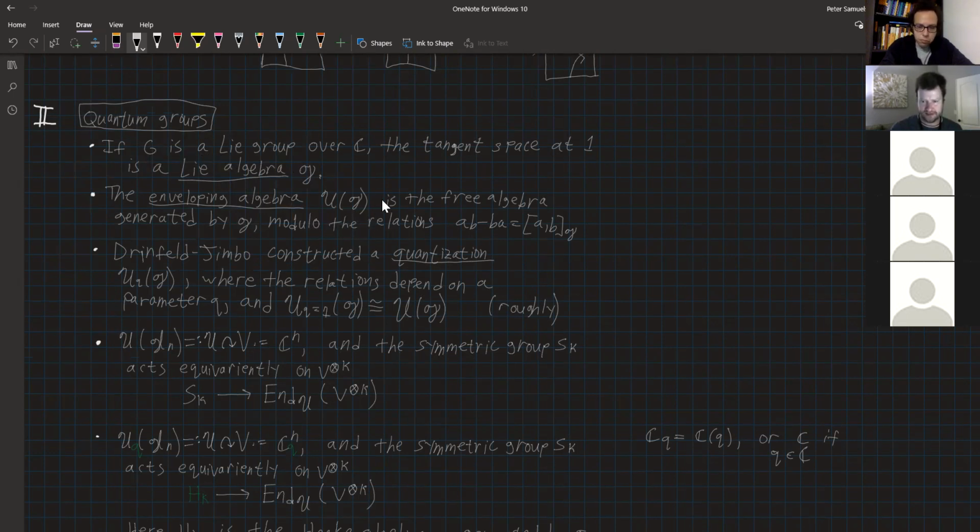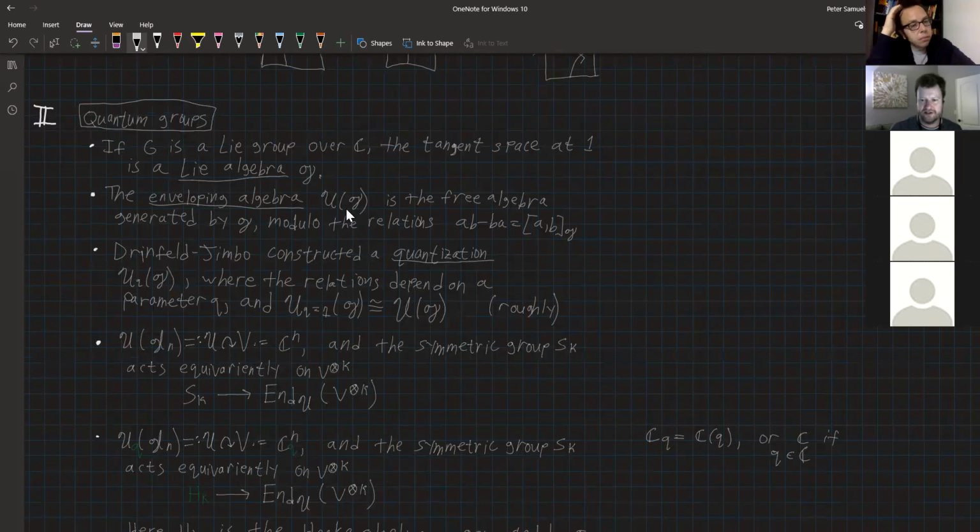So I've written the definition here, but maybe I'd say more if there were more grad students. So the group itself doesn't deform, but this enveloping algebra of the Lie algebra does have a nice deformation. And this has been very interesting in representation theory for quite some time.